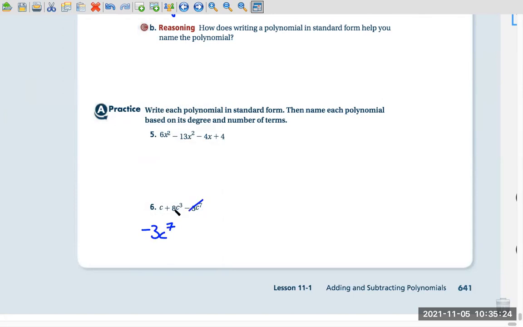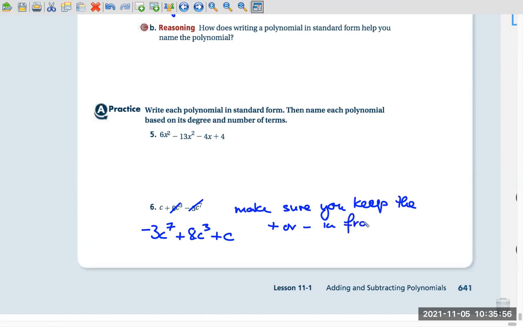So I'm done with that. Then comes the plus 8c cubed, then plus. Remember, your polynomial terms are separated by a plus or minus, always, okay? It's in the front of the number, not behind it.